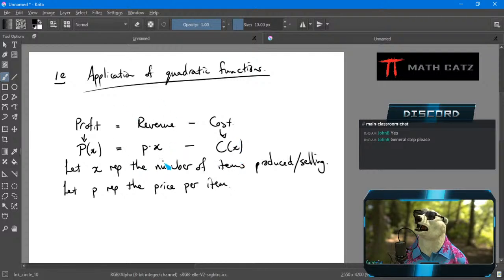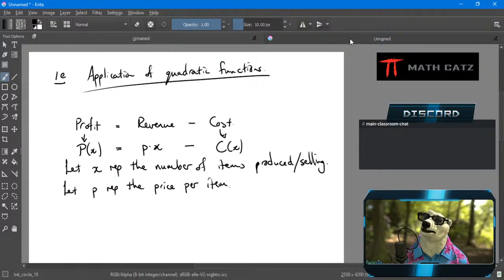Let's suppose I sell 10 t-shirts at $5 each. How much money did I just get from those sales? 5 times 10. But now in general, I'm selling X t-shirts at little p dollars per t-shirt. It's still the product of the two that is the amount of money I'm getting in. But I have to take away my cost to see what my profit actually is.